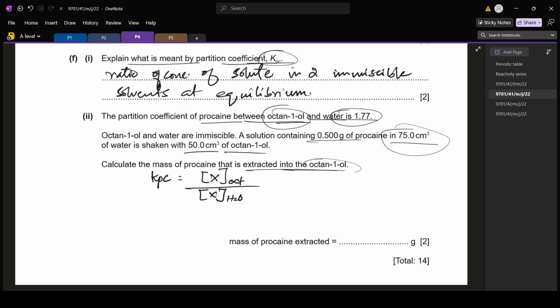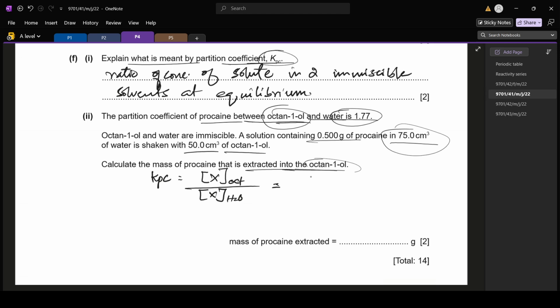In this formula the solvent water is in the denominator. Now you are given the volumes of water and octan-1-ol, and in total you have 0.5 grams of protein initially in water.